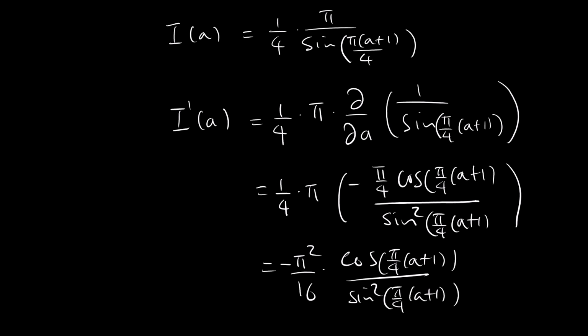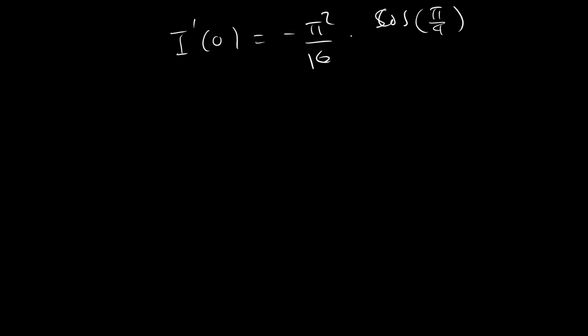So we're going to now substitute 0 for a, and that means that this is the same as negative pi squared over 16 times cos of pi over 4 over sine squared of pi over 4.